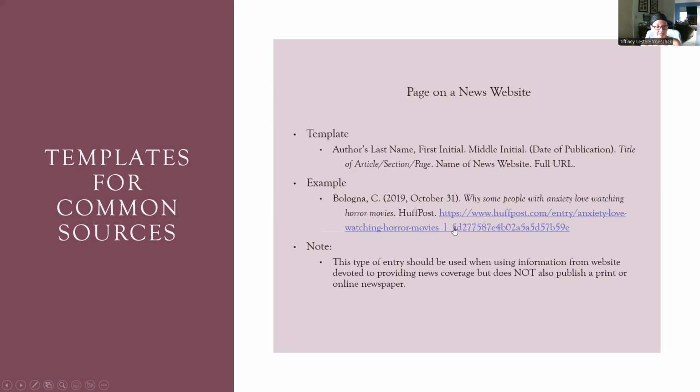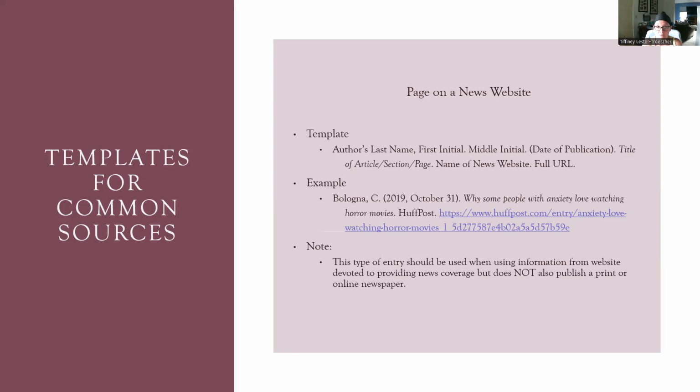So again, if I click on this link, it's not going to just take me to Huffington Post's main homepage. It's going to take me to this specific article or section, right? And again, the note down here, this is the type of entry you use when the information is from a website that is devoted to providing news coverage.